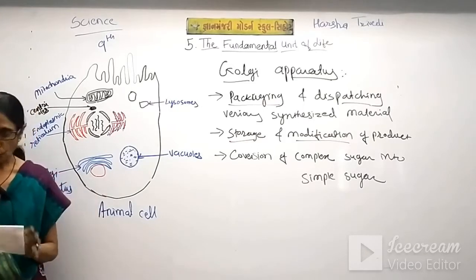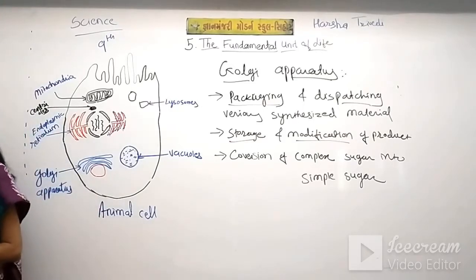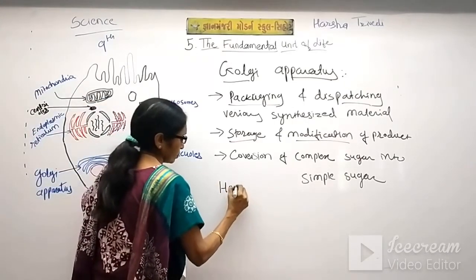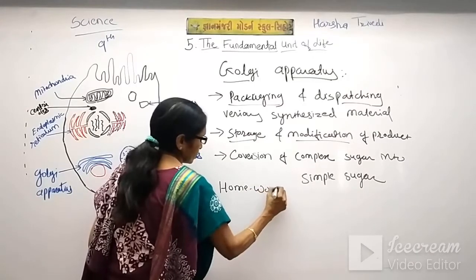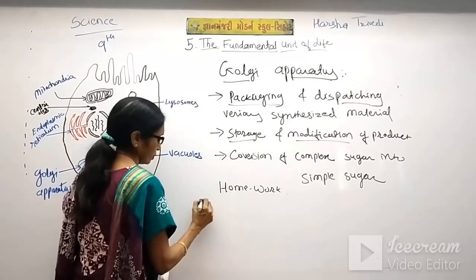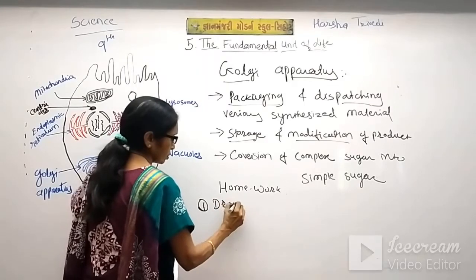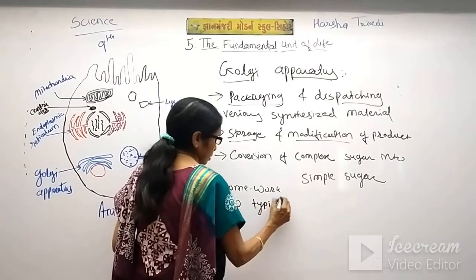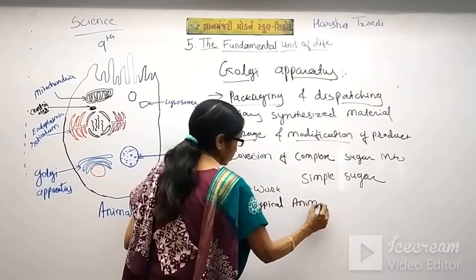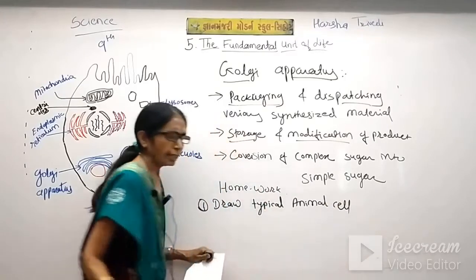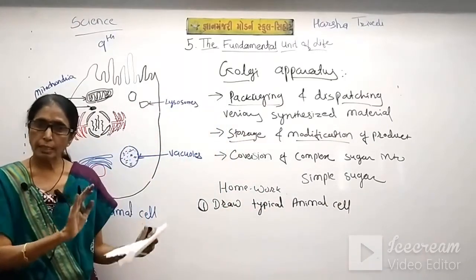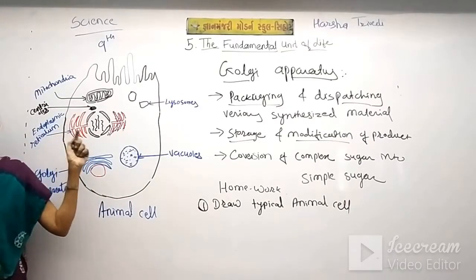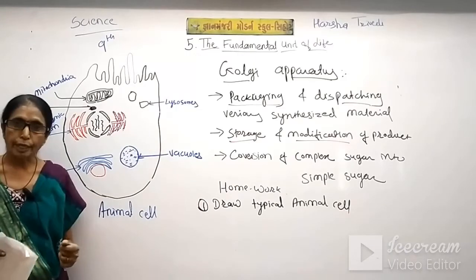Okay, students, so, time for homework. Number 1, draw a typical animal cell. All the cell organelles are the same in animal cell and plant cell, except in animal cell we can see the centrioles, and in the plant cell the cell wall is made up of cellulose.